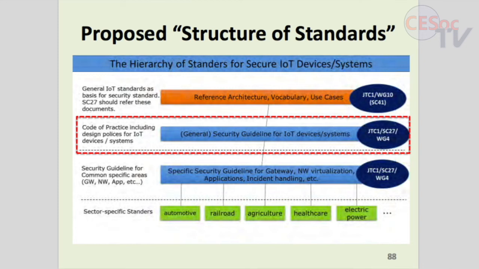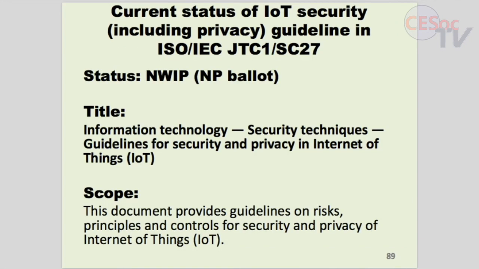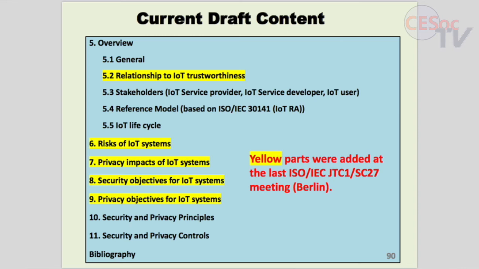The title is very simple: Guideline for Security and Privacy in Internet of Things. Scope: the document provides guidelines on risks, principles and controls for security and privacy of IoT. This is the content. Maybe I will skip it, but next are expected actions for IoT device security.